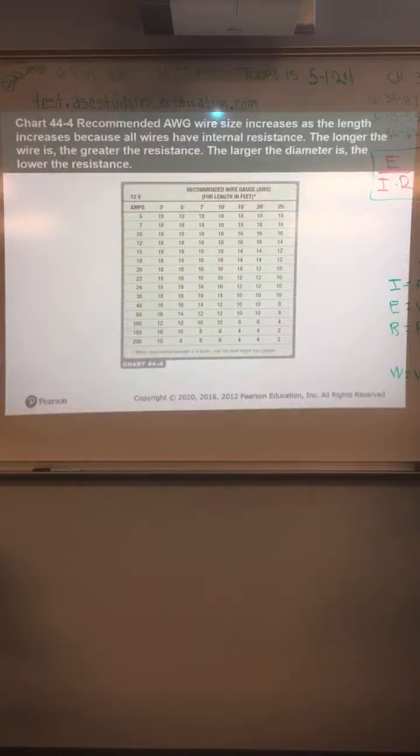So yeah, to answer your question, it would equal out. If you use the chart and you use the right size wire for the length it's going to be, you don't have to worry about the resistance increasing as the wire gets longer, because you're increasing the diameter as it gets longer. Okay, so it compensates for the increase in resistance.